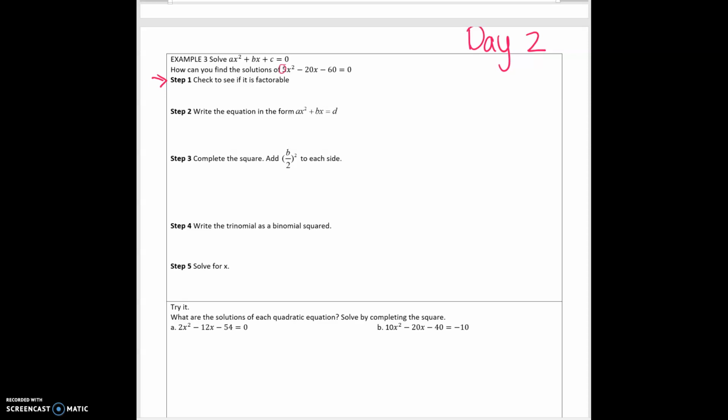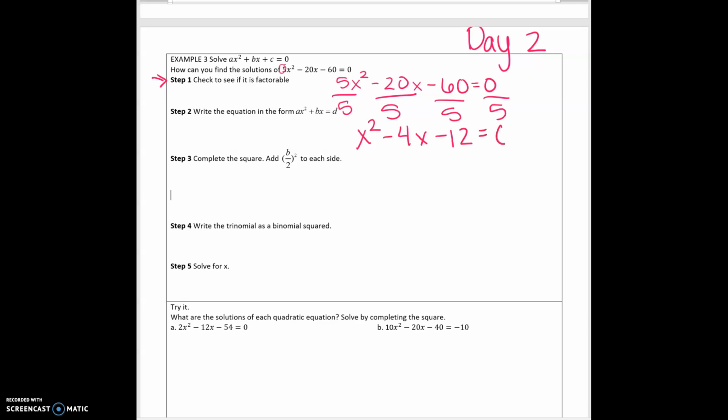So we're going to take the equation 5x squared minus 20x minus 60 equals 0, and we're going to divide everything by 5 on both sides. And when we do that, we get x squared minus 4x minus 12 equals 0.